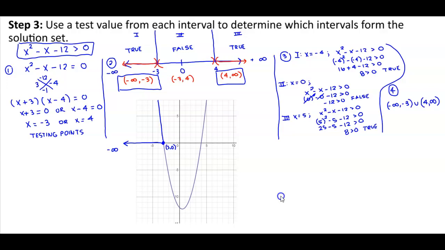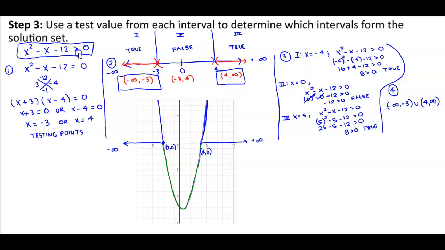Then it is below the x-axis between -3, 0 and 4, 0. And then it's above from 4 to positive infinity. And so that's what it was asking.